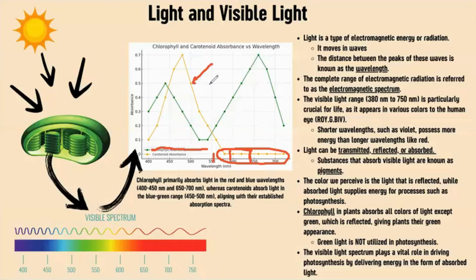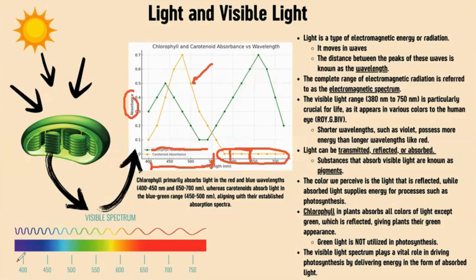And so this is important because if you're given a graph or shown a picture, you now know that the higher the absorbance, that is going to be equivalent to what you do not perceive.